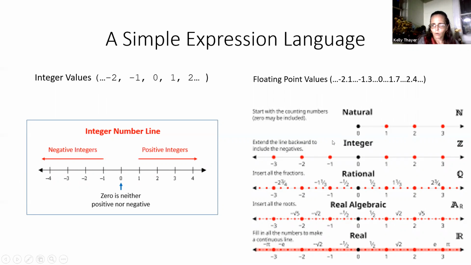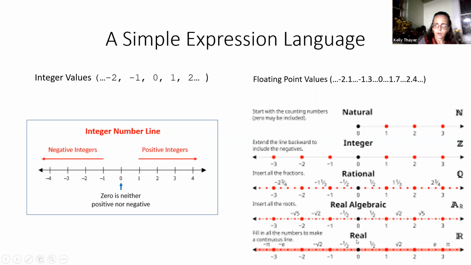So you may be aware that there's a variety of different sets of numbers. For example, the rational numbers can include the fractions, and those fractions can be represented as decimals, which is how it would be represented in Python. There's the real number set, which includes this idea that there's an infinite number of points between any 2 points, because we can express numbers with any level of precision that we wish.